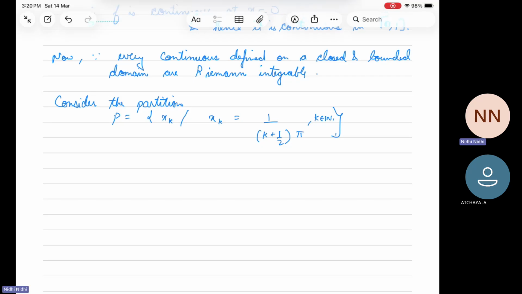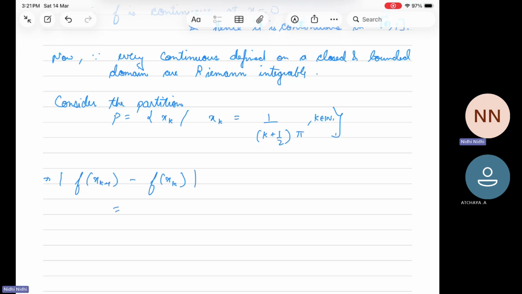So corresponding to this partition, let us see how f(x_{k+1}) minus f(x_k) looks like.